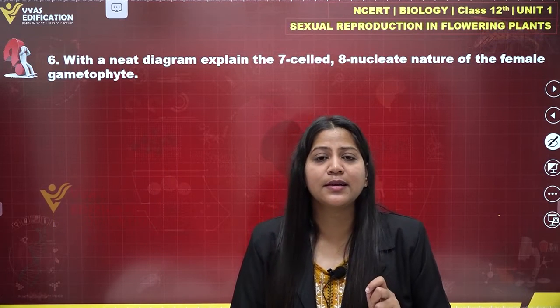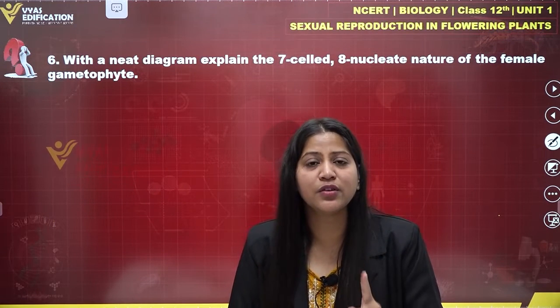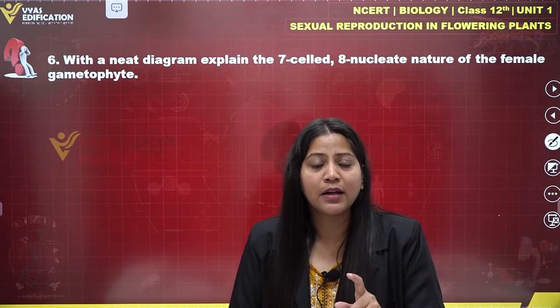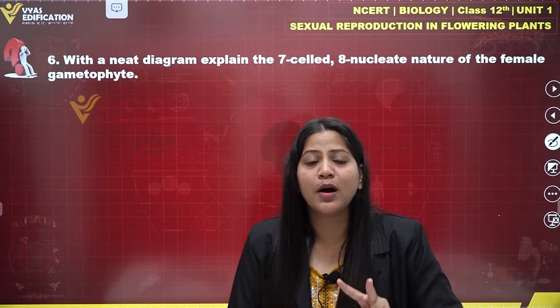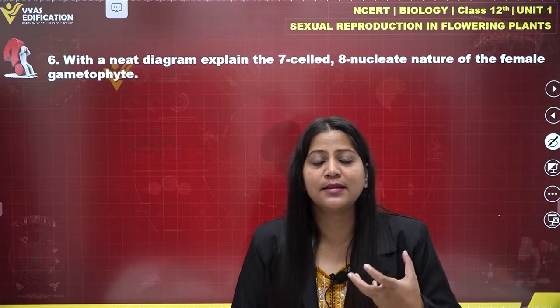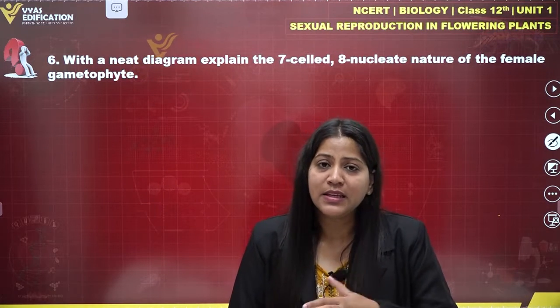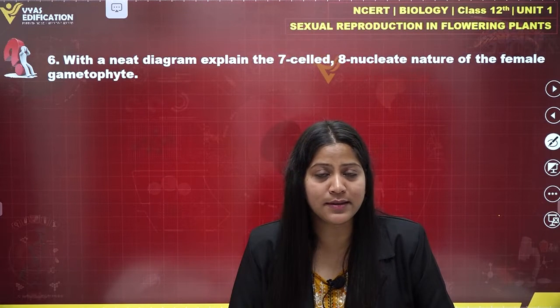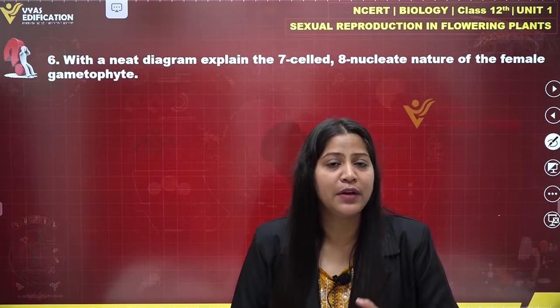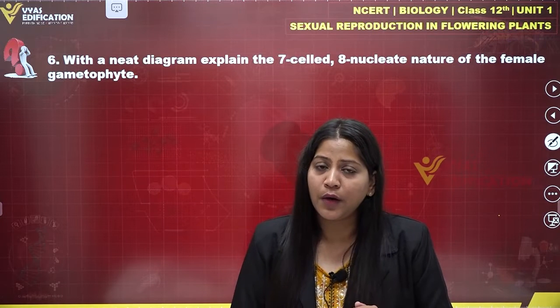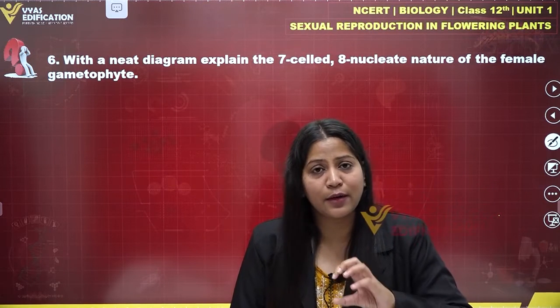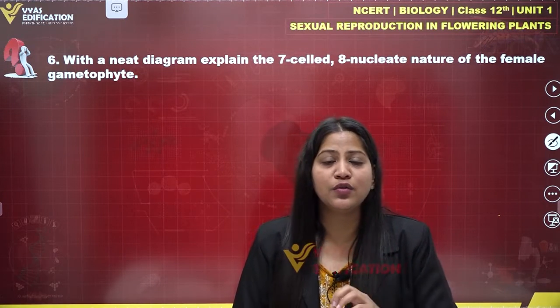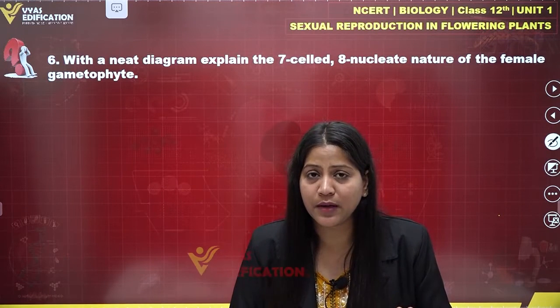The egg apparatus consists of one cell forming the egg cell, and along with the egg cell there are two other cells, the synergid cells. These two synergid cells have finger-like projections on their walls, known as the filiform apparatus. These three cells, the egg cell and two synergid cells, form the egg apparatus.